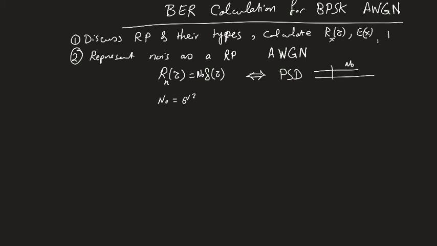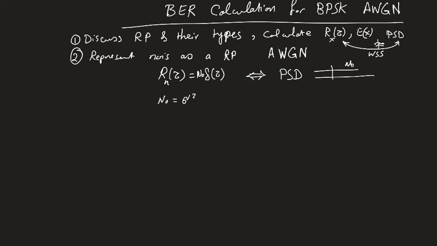You should also be able to calculate the power spectral density, which is basically the Fourier transform only in the case of wide sense stationary. Otherwise, if it is not wide sense stationary and you are asked to calculate the power spectral density, you can simply say it cannot be calculated, and that's it.